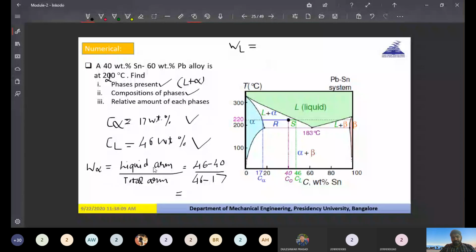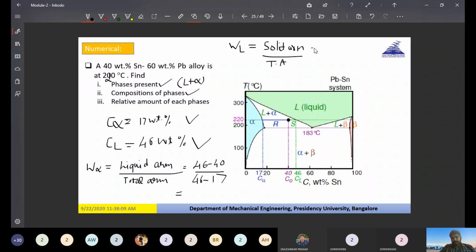Weight fraction of alpha is given by liquid arm divided by total arm. Weight fraction of liquid will be given by solid arm divided by total arm. Let me write total arm as TA.